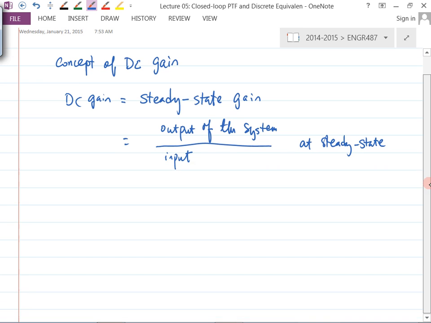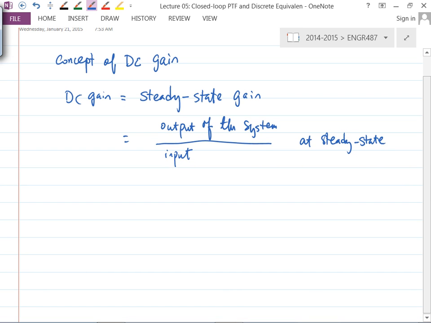So often in time, what we compare is we compare a step input and then look at the output at steady state. The ratio of that gives us the DC gain.